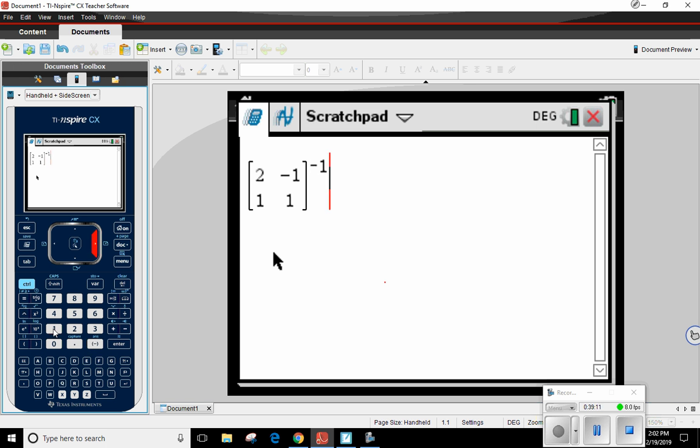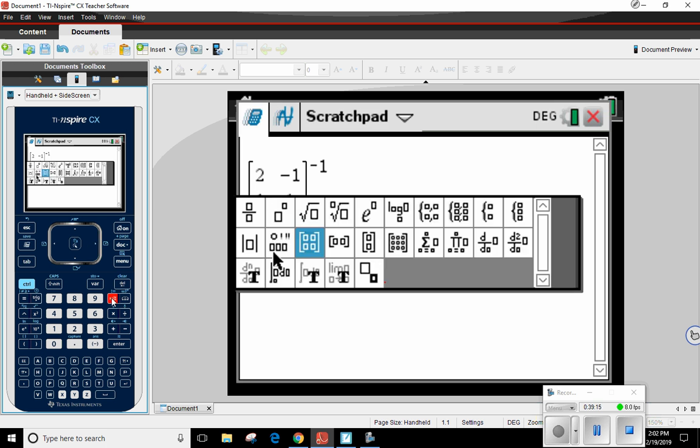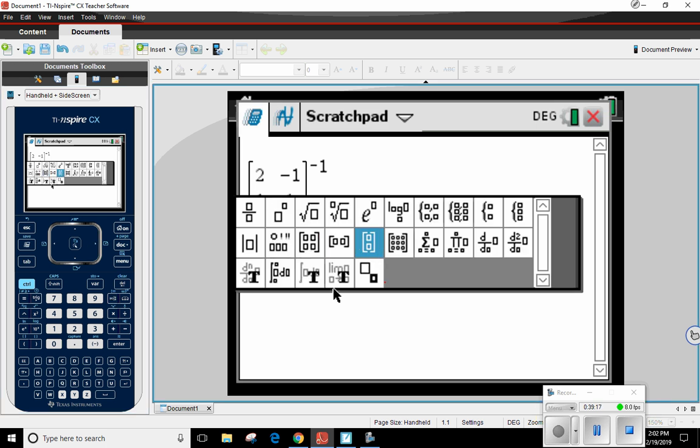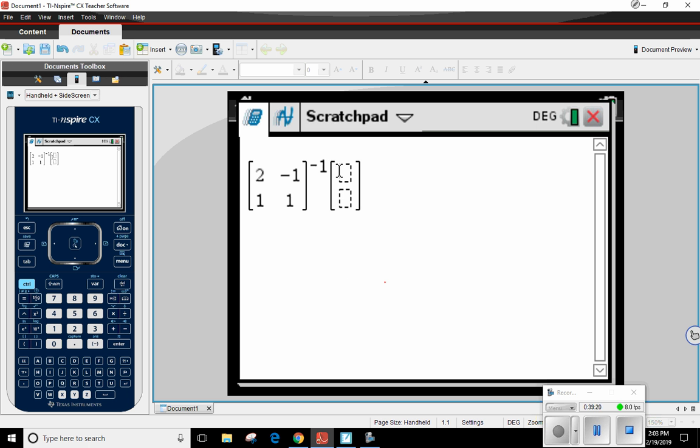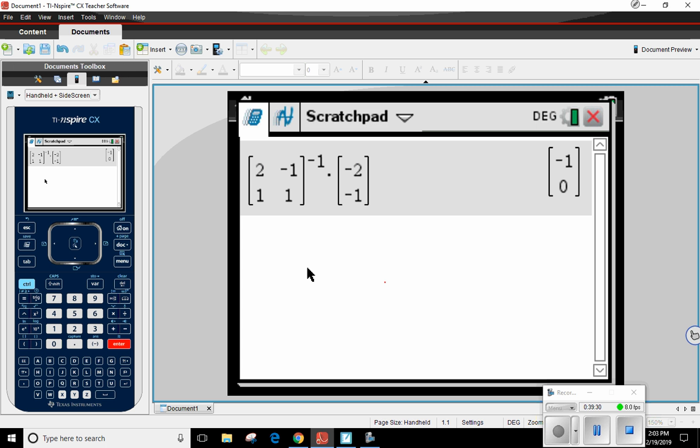And then right next to it, I'm going to put matrix B. That matrix was a 2 by 1. Remember, it's always rows by columns. And what was it, negative 2 and negative 1? So you just type in A inverse B, and it'll provide the solution for you.